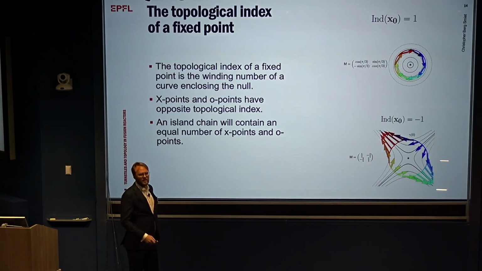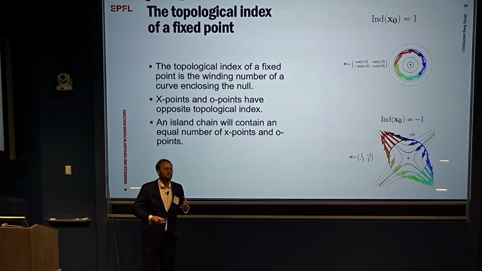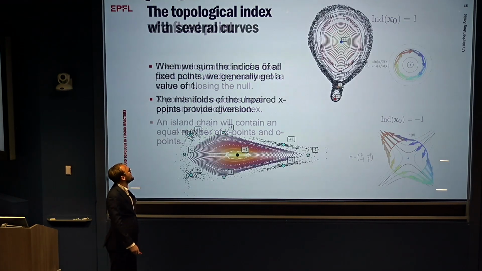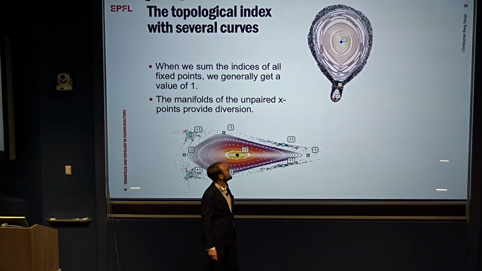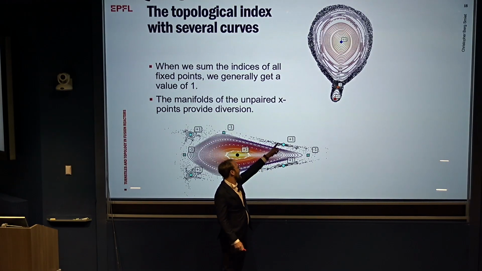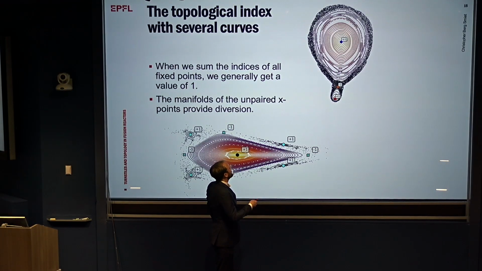So we can do that for a circle enclosing one null, but we can also look at the entire device and look at how many X points and how many O points there are. Now, when we do that for most types of devices, we have an O point at the magnetic axis, an O point at the tokamak coil, and an X point in between.